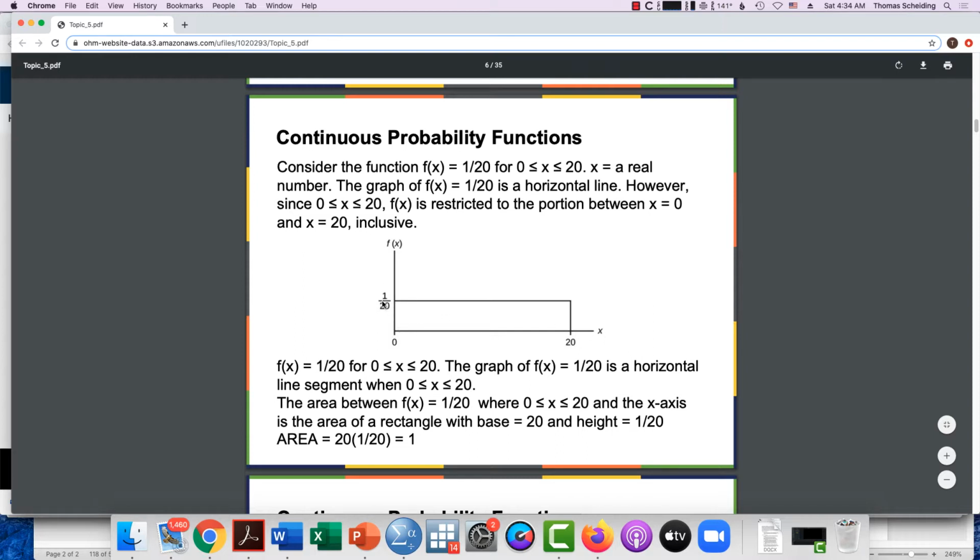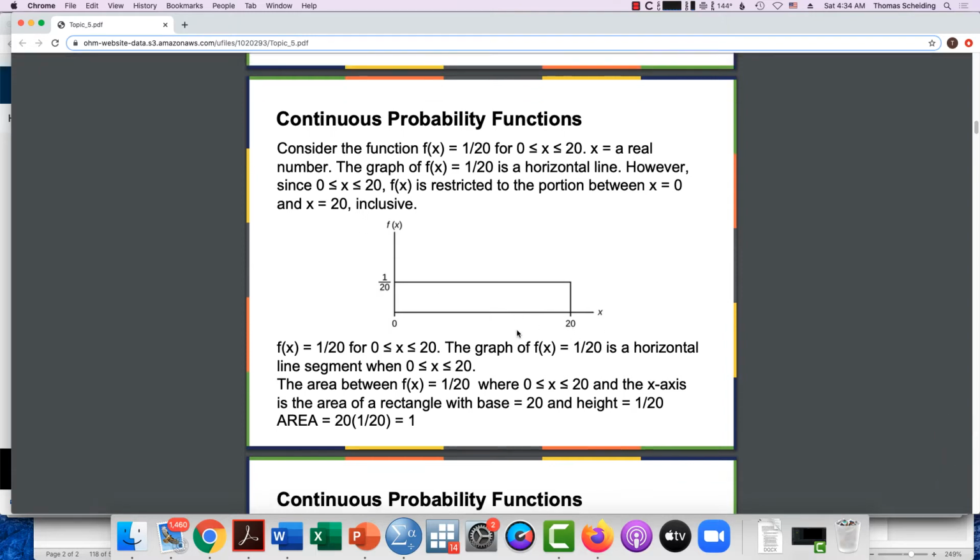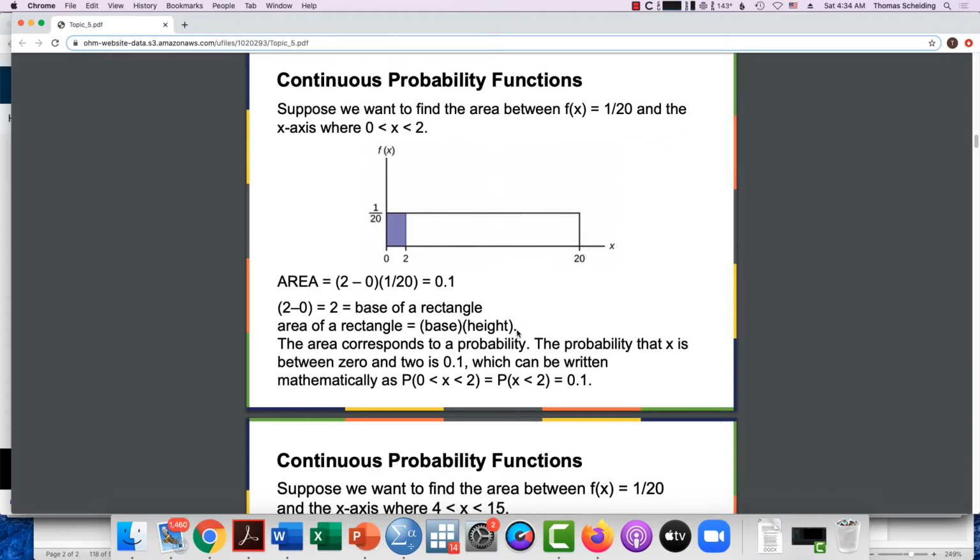The area of a rectangle is length times width, so I would do 1/20th times 20 and get 100%. And so if I want to know the probability of getting from 0 to 2, that would be 1/20th times 2, which is a 10% probability. Not tough so far.